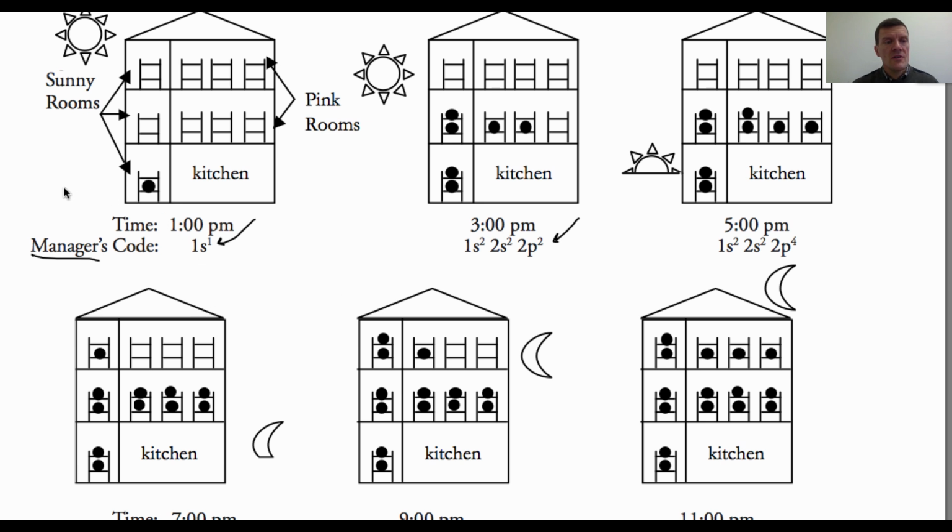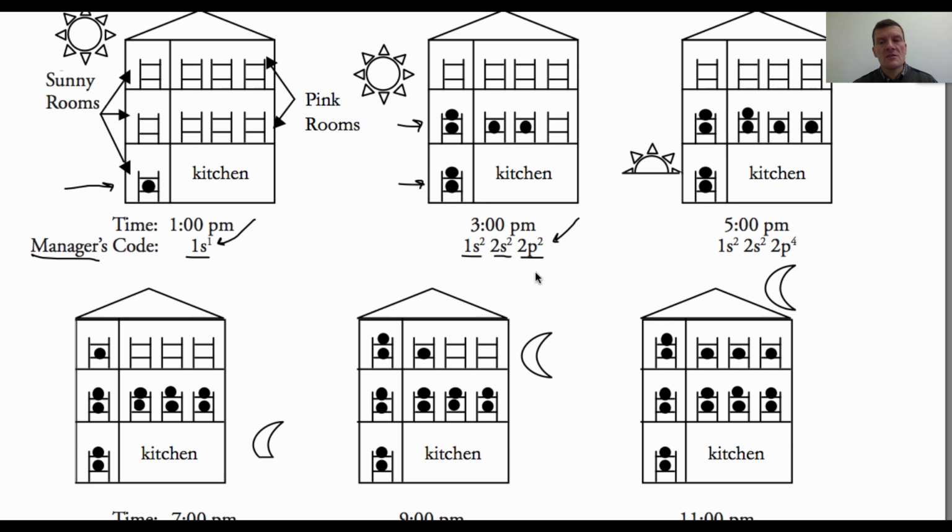So this person, you just have one person on the first floor in a sunny room. Here you've got 2 people on the first floor in the sunny room. You've got 2 people in the second floor of the sunny room, and you've got 2 people in the pink rooms on the second floor there.